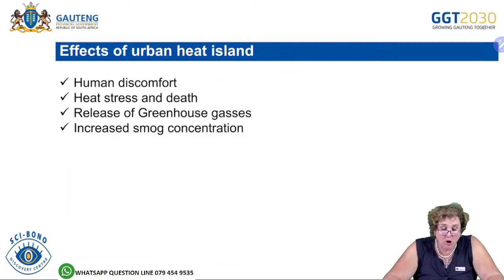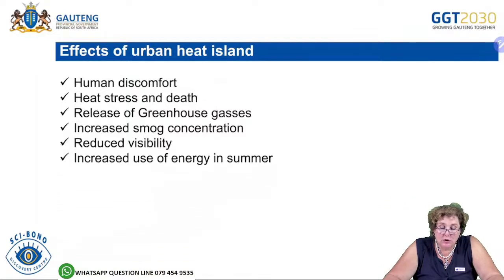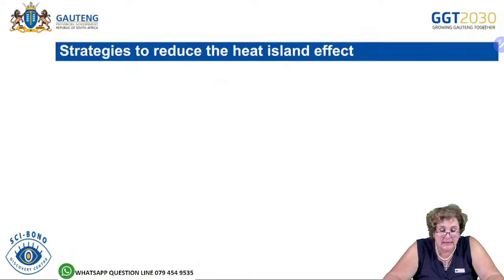We have smog concentration, which will cause reduced visibility. In the mornings, if they give you the traffic update, they can tell you there's lots of smog in the area, be careful. With the increased use of energy in summer, pollution levels can increase.